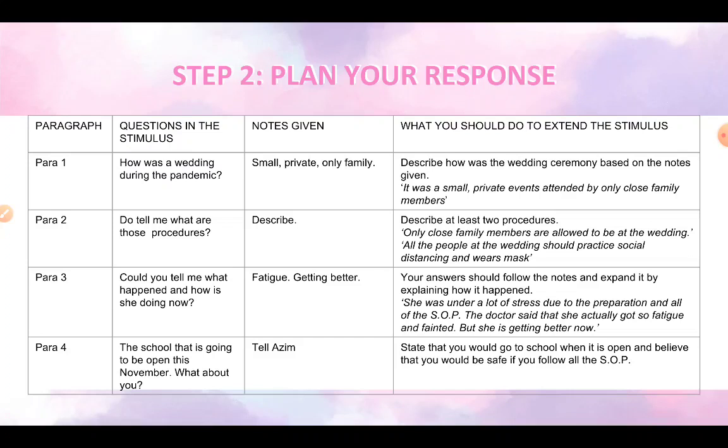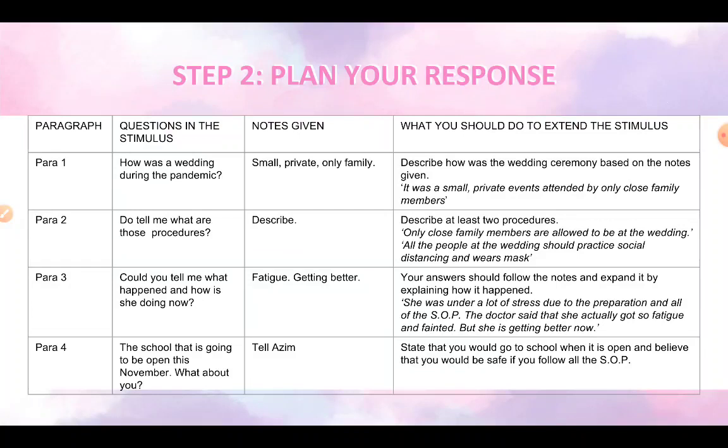Let's go to question 3. Azim asked, could you tell me what happened and how is she doing? The notes given say that your mother was feeling fatigued, and now your mother is getting better. Your answer should follow the notes and expand on it by explaining how it happened.